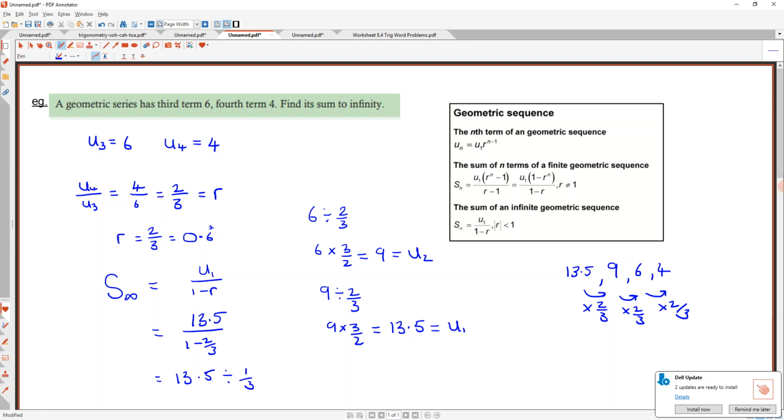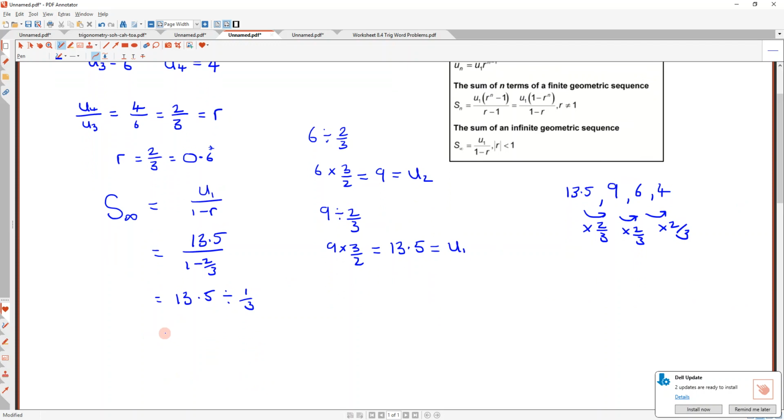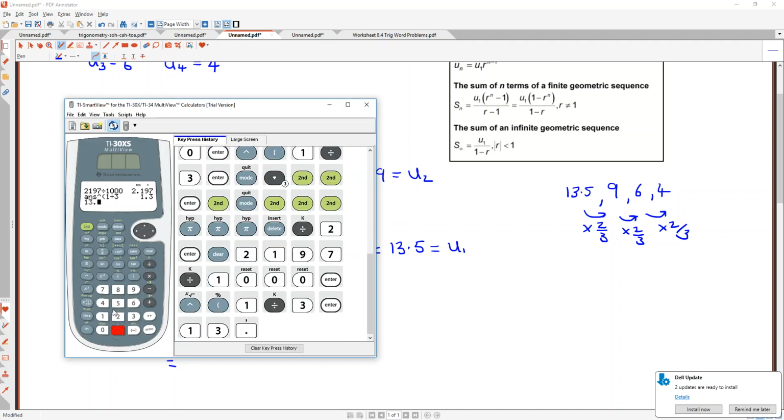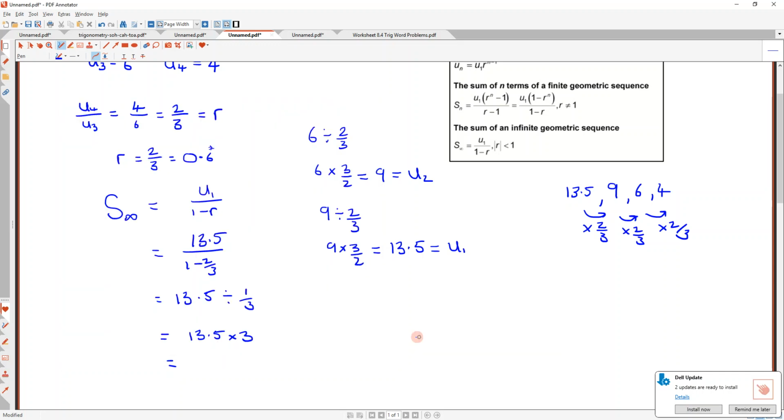So if I'm dividing by 1/3, that is the same as multiplying by 3. Check it. 40.5. All good? Yep.